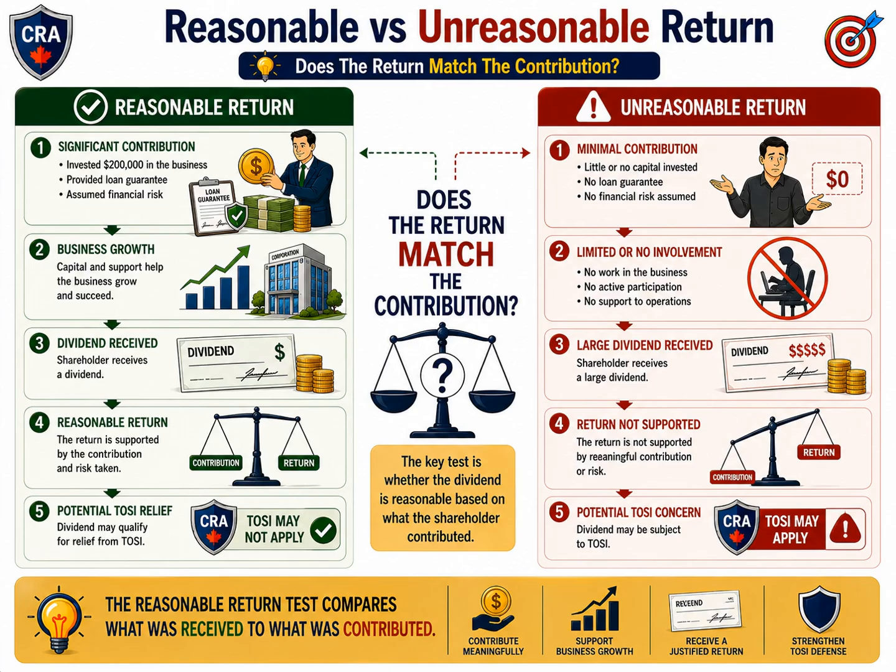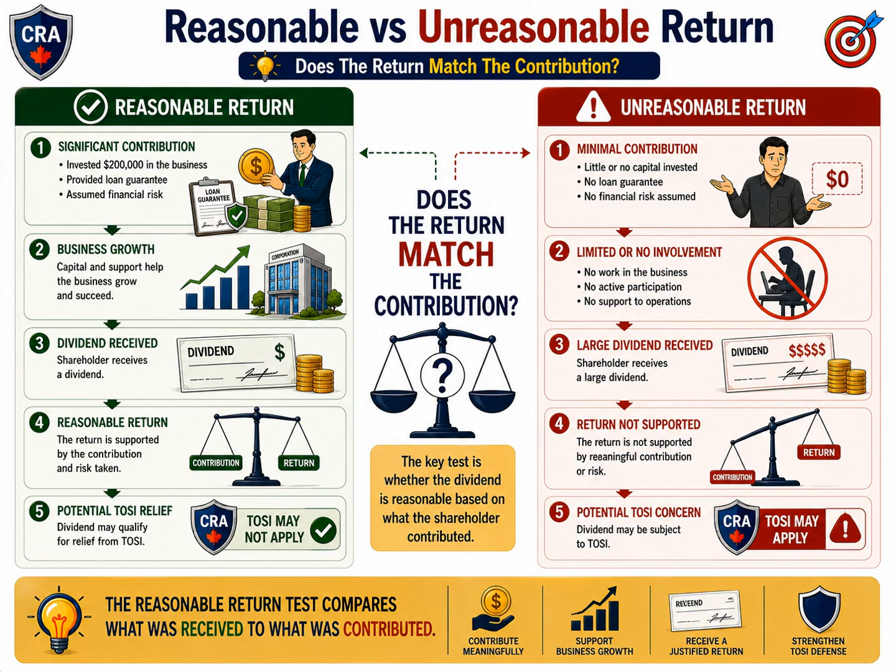As the business benefits from those contributions, the shareholder receives a dividend, because there is a clear connection between what was contributed and what was received. There may be a strong argument that the dividend represents a reasonable return. In this situation, relief from TOSI may be available.